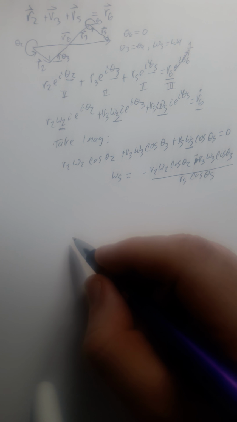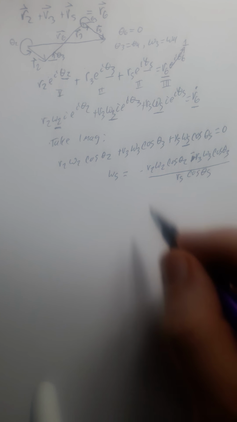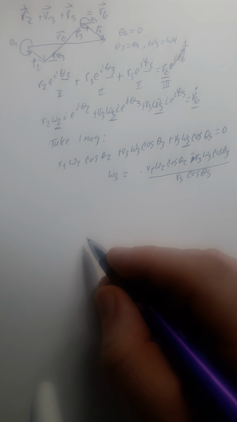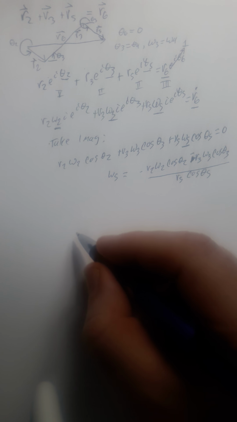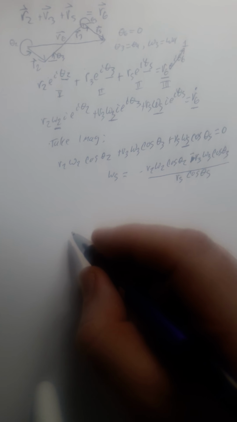To solve for R6 dot, we could just plug in the numbers. We've got an expression there. We could take the real part, and actually that might be the easiest route, but there are other ways you could do it.